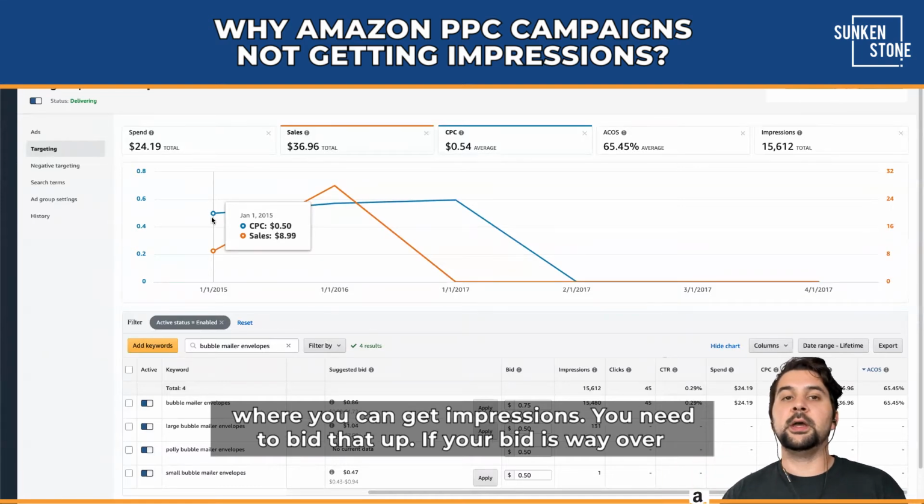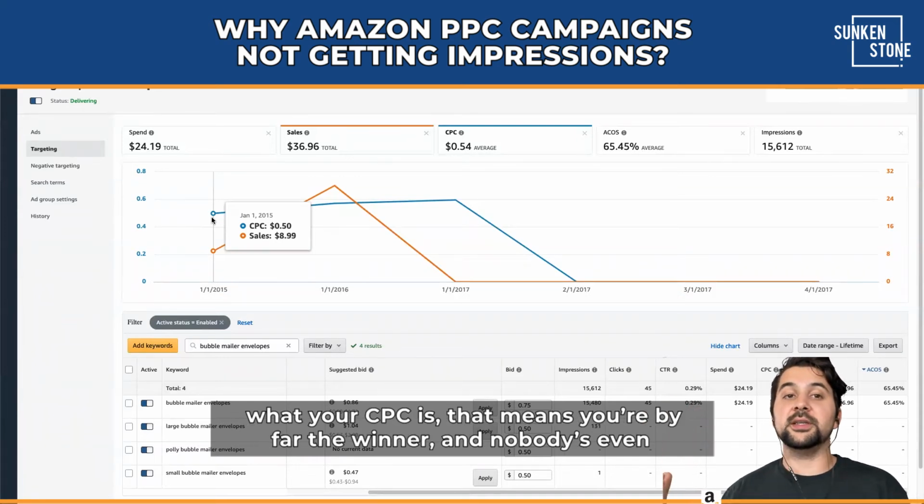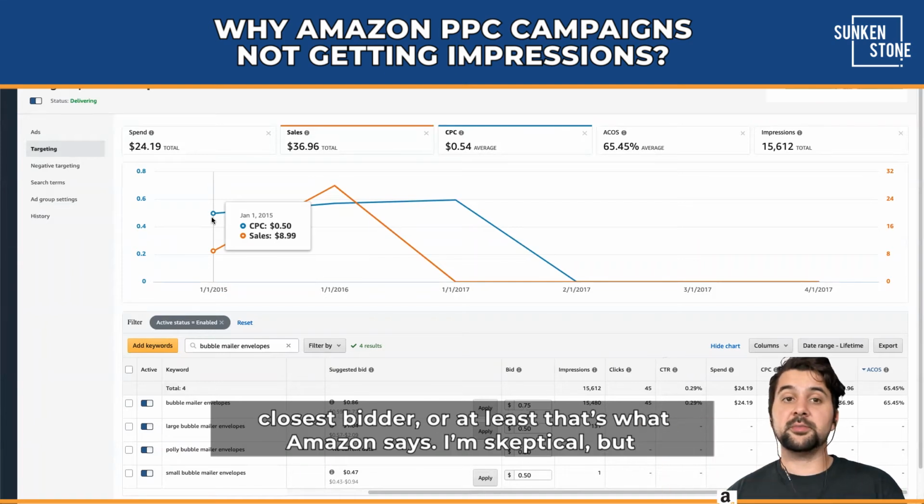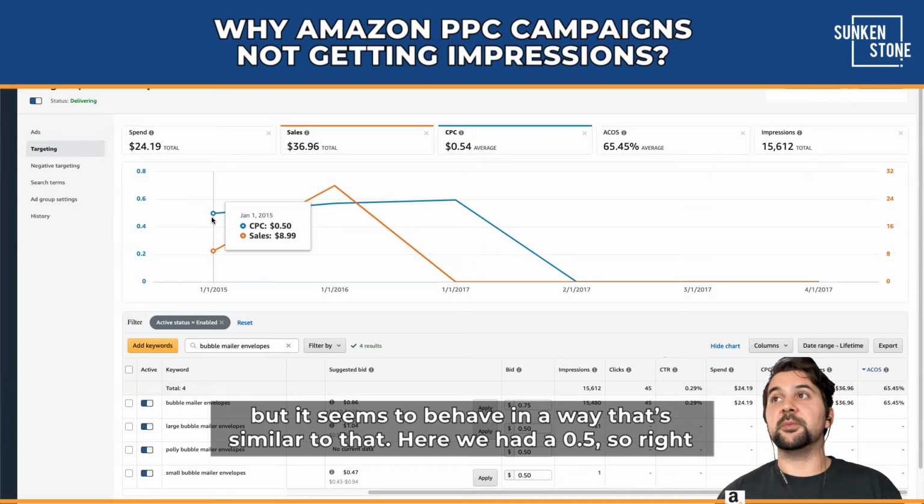You need to bid that up. If your bid is way over what your CPC is, that means you're by far the winner and nobody's even close. It's a second bidder auction, so you will win by 1 cent over the next closest bidder, or at least that's what Amazon says. I'm skeptical, but it seems to behave in a way that's similar to that.